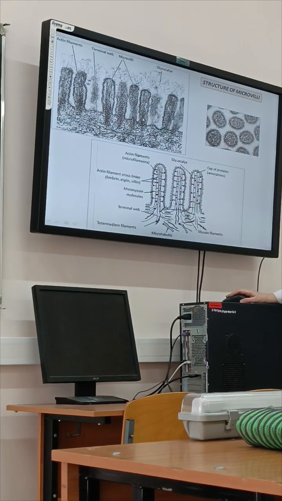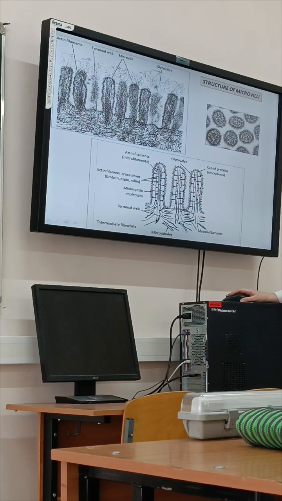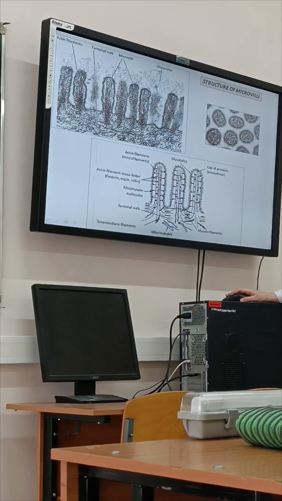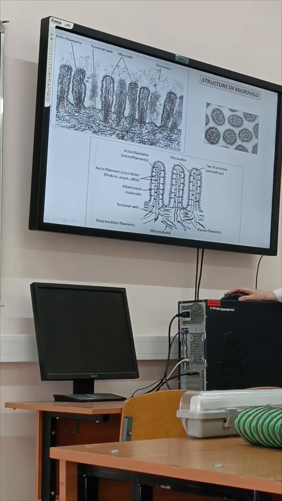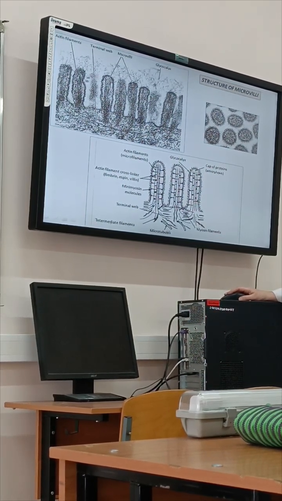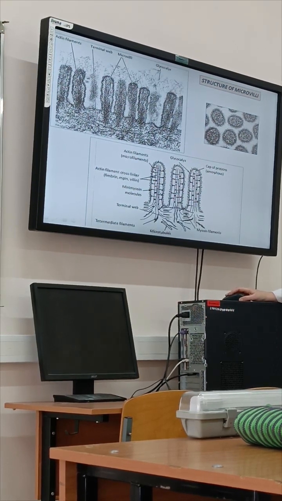Microvilli. Microvilli are also projections, but they are smaller, and at the base of microvilli we can find actin filaments, microfilaments, that incorporate in the terminal web under the cytoplasm of the cell.